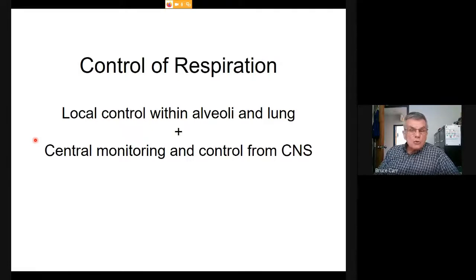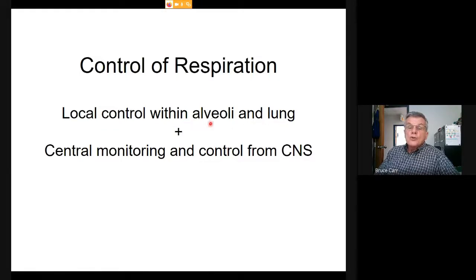I can basically breathe at rest, and I can speak easily without fatigue. However, change those conditions at all and involve a mild amount or a moderate amount of exercise all the way up to the maximum aerobic exertion. And we're going to make wholesale changes around our body to make maximum use of this respiratory system. We're going to find local control within the lungs for the gas flow itself.